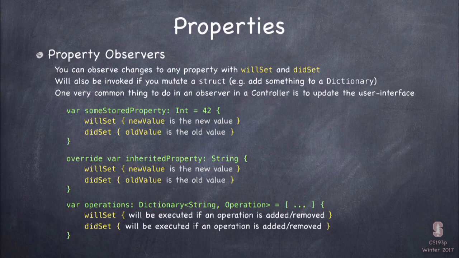Let's say I'm a button and my background color changes. I inherit my background color from my superclass, UIView, one up the chain of superclasses. Every time the background color changes, the button wants to redraw itself. So it will have var backgroundColor: UIColor, open curly brace, didSet, open curly brace, draw myself, close curly brace.